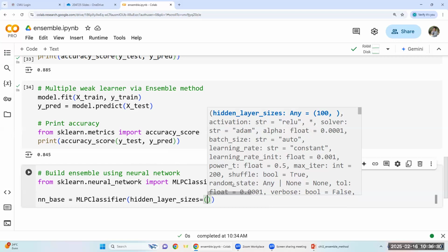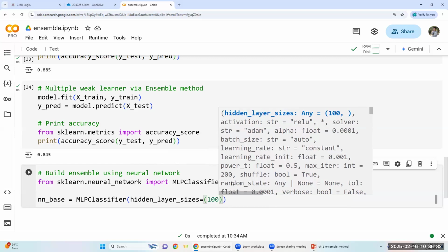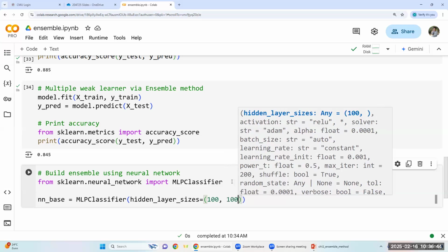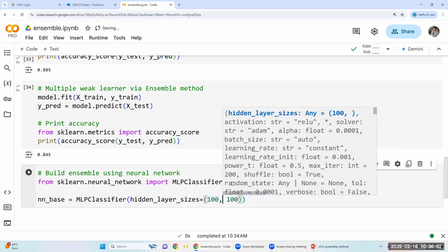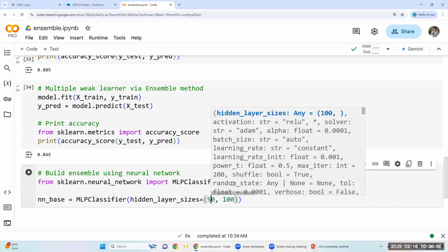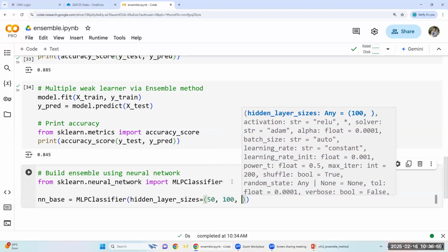So if you just say 100 and then comma, you're going to have one hidden layer with 100 perceptrons, 100 neurons. If you type in 100, 100, it means that you're going to have two layers and each layer will have 100. So you can change the number as well. You can have the first layer to be 50, the second layer to be 100, and then the third layer to be 50.